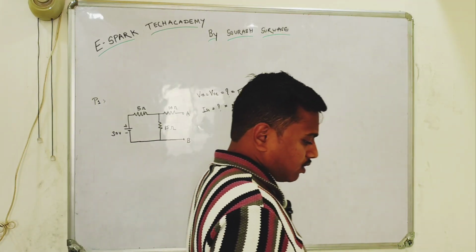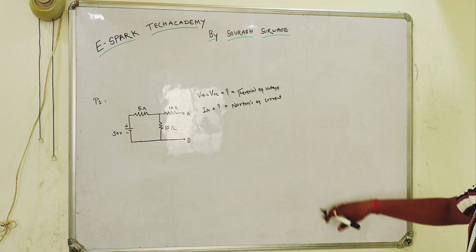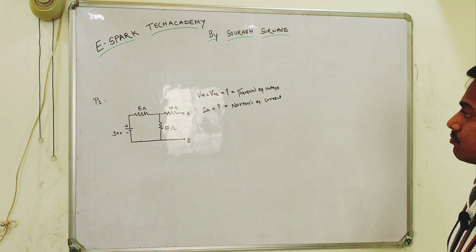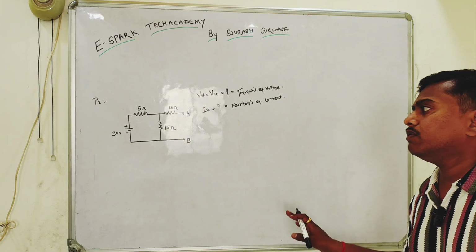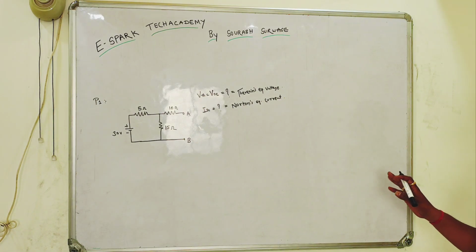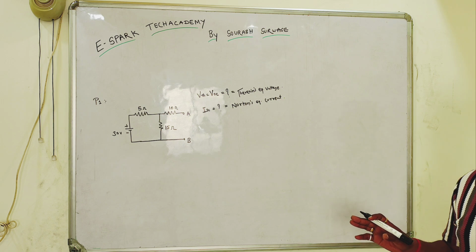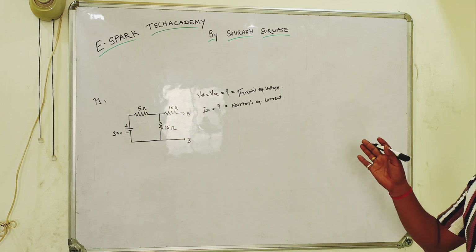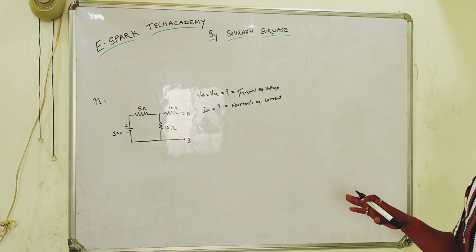Now first of all, for both these cases, the Thevenin's and Norton's, what we will do is first we will calculate the RTH. RTH is nothing but an equivalent resistance where we do the series and parallel combinations, and accordingly we calculate the resistance.